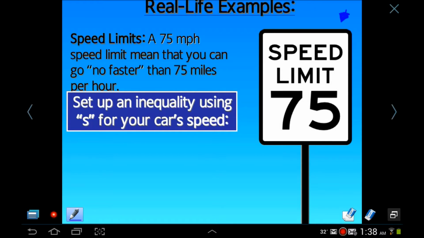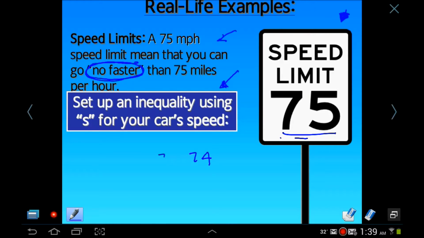Let's set up an inequality using S for our speed, the car speed. Let's look at this phrase: a 75 mile an hour speed limit means that you can go no faster, and that's the key phrase. No faster. What does that mean? That means 75 is the limit. You could go 74, 73, 70, 60.